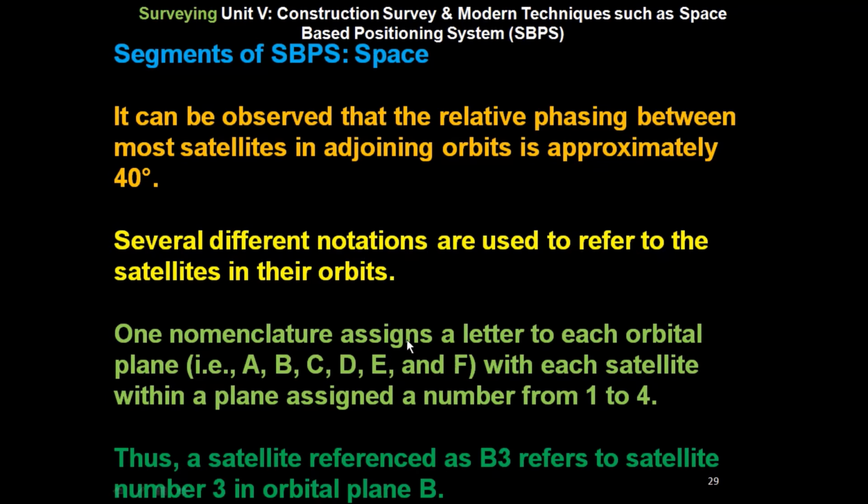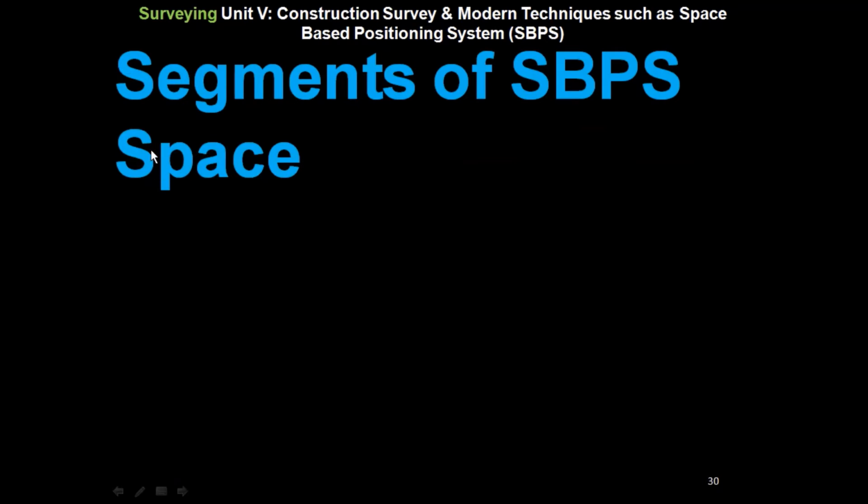One nomenclature assigns a letter to each orbital plane, that is capital A, B, C, D, E and F, which are the 6 orbits, with each satellite within a plane assigned a number from 1 to 4. Thus, a satellite reference as B3 refers to the satellite number 3 in orbital plane B. So we have seen the segments of the space segment.